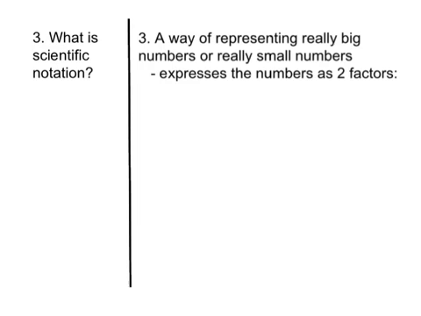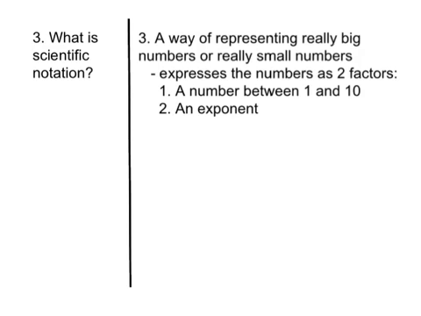So scientific notation expresses these numbers as two different factors. Okay, the first factor is a number between 1 and 10. So a number between 1 and 10 is always going to be the front number, and I'll show you guys in just a sec. And then the second factor is an exponent.